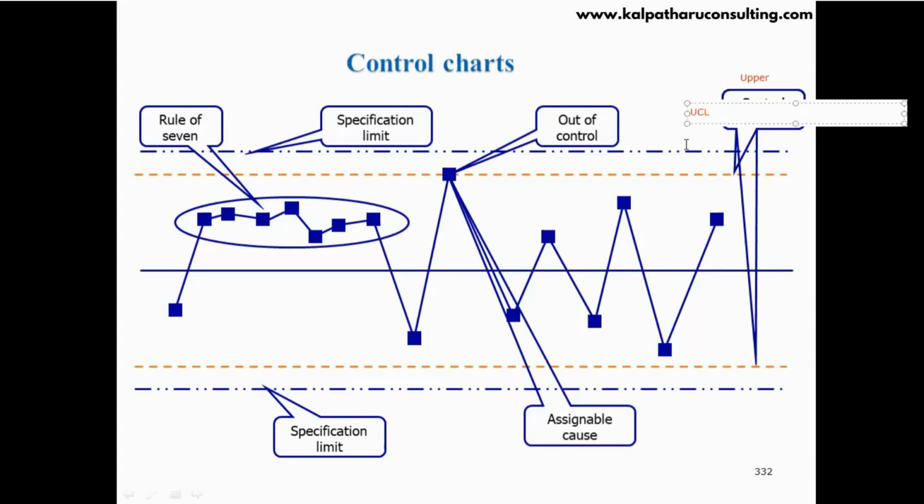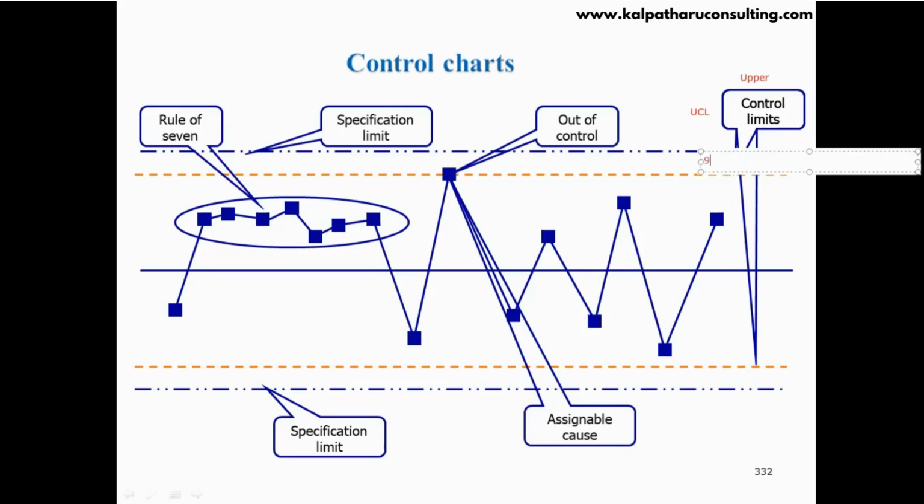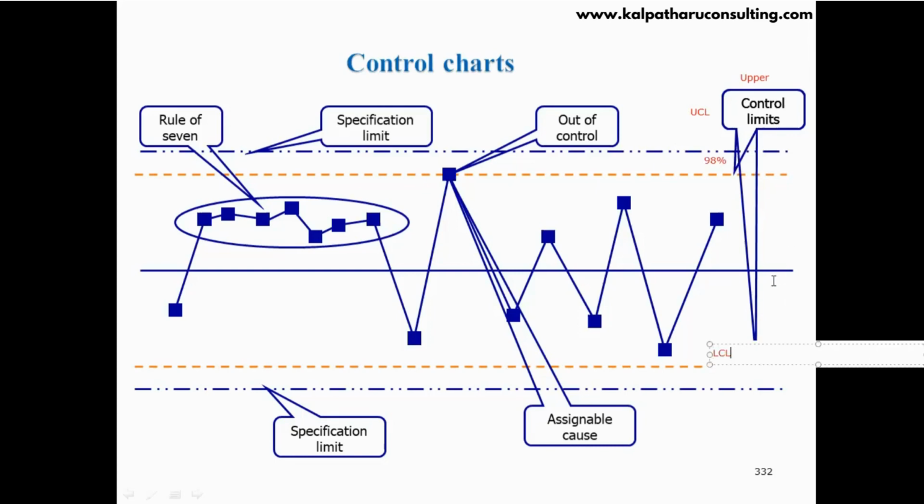To give an example, internally we can say that is 98%. And this orange line below can be called your lower control limit, LCL, which is your 93%. And with the client, you would have agreed, right? 90 to 98. So that is a specification limit.